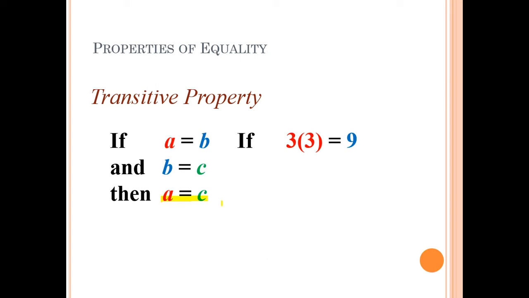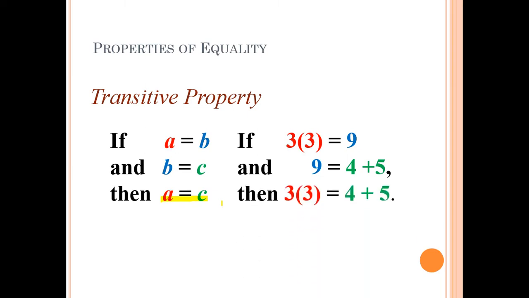If we have an expression like 3 times 3 equals 9, and another one that says 9 equals 4 plus 5, we could also write 3 times 3 equals 4 plus 5 because both sides of this equal sign equal 9. Because if I take 3 times 3, we just learned that's 9. 4 plus 5 is also 9. We can set those equal to each other.